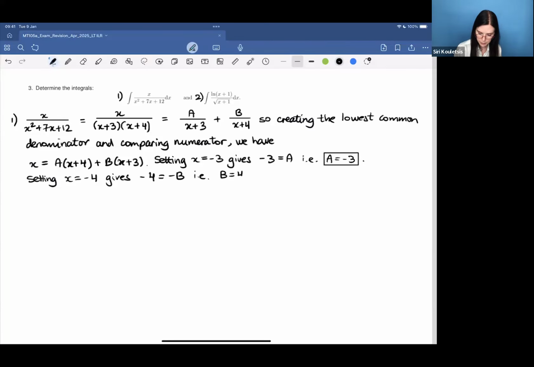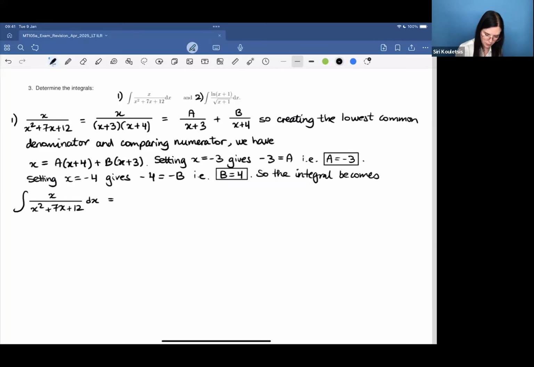And now we are ready to rewrite the integral and then integrate. And these are just constants, so we can take them outside if we like.